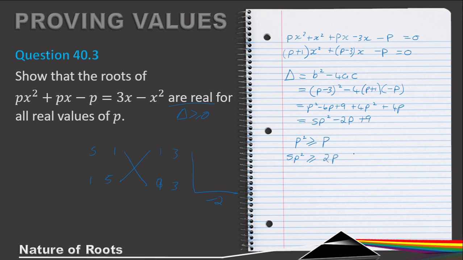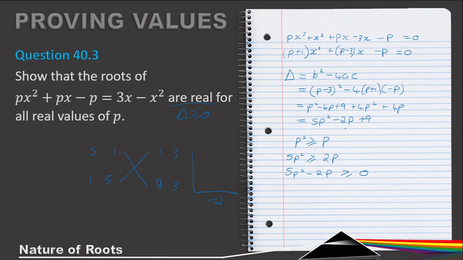All right. So now, if I manipulate this, and say, okay, let's take this over to this side, because we can see it's negative there. So we're going to say 5p squared minus 2p will be greater than or equal to 0. All right. So we're moving towards this.